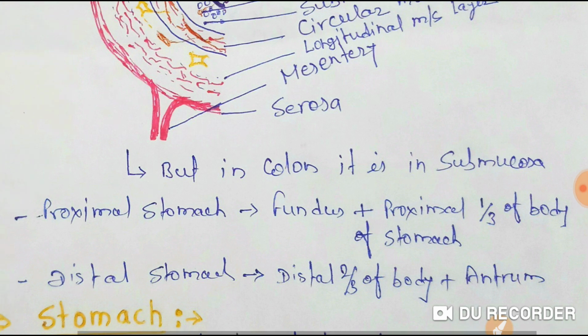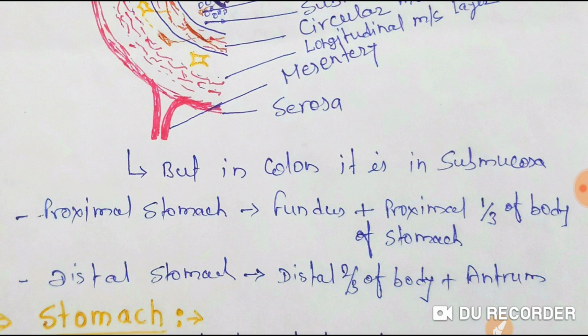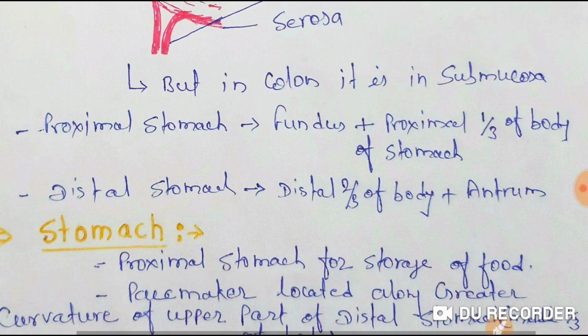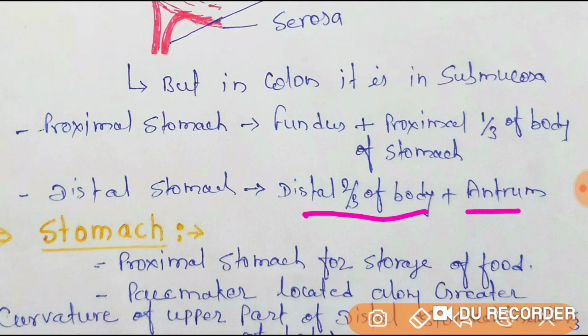And what is the proximal stomach? The proximal stomach includes the fundus and the proximal 1/3 of the body of the stomach, while the distal stomach includes the distal 2/3 of the body and antrum.